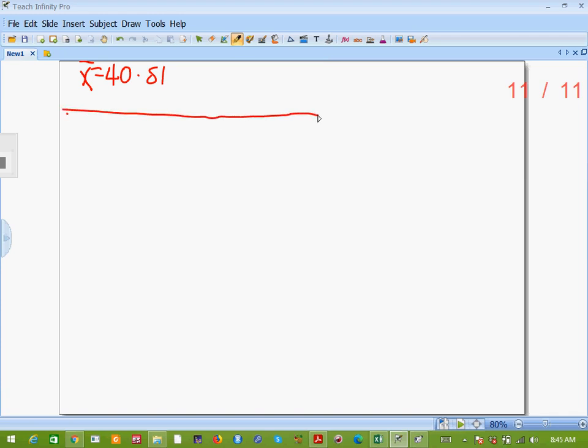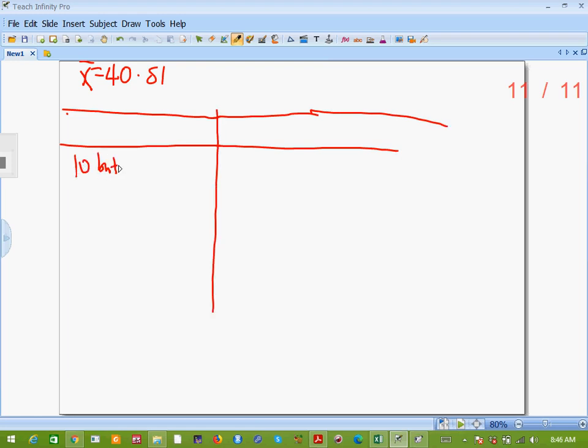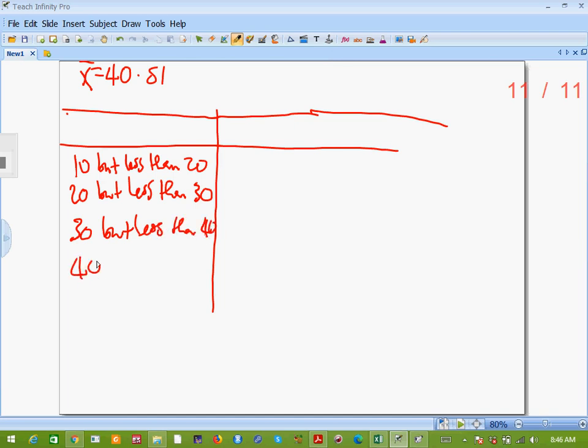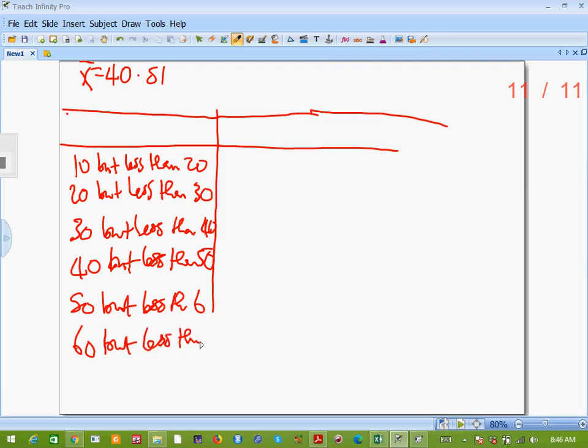Then we have our classes: 10 but less than 20, 20 but less than 30, 30 but less than 40, 40 to 50, 50 to 60, then finally 60 to 70.